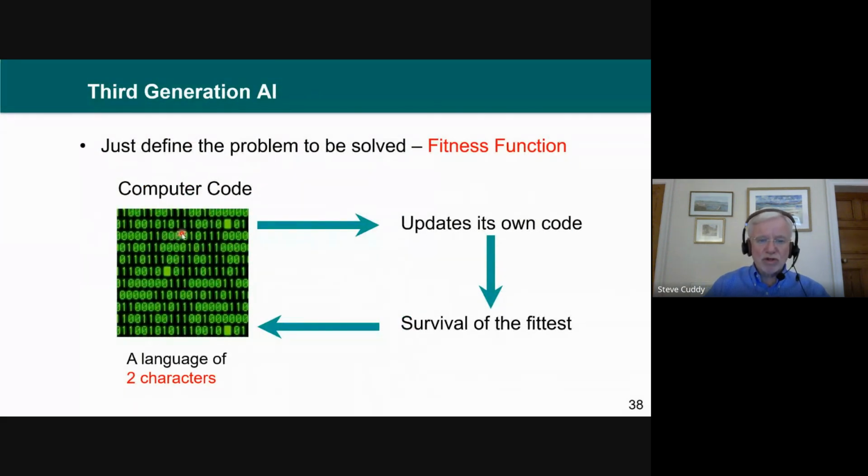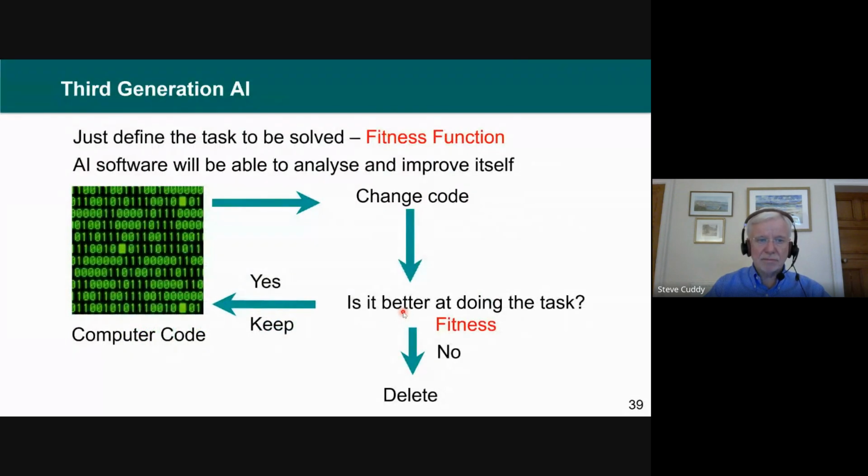Computer code is ones and zeros, as shown here. So you just define the problem to be solved. And then the AI goes away and updates this code and uses the survival of the fittest again. The same idea as Charles Darwin. So we define the problem or the task to be solved. The AI software is able to analyze and improve itself.